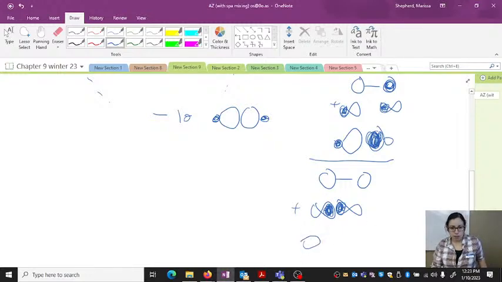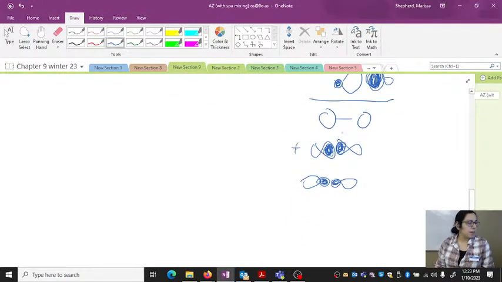That gives you a larger lobe on the outside and a smaller lobe on the inside. So this is formally bonding. Oops, I didn't mean to put an anti-bonding star on it. It's a formally bonding orbital, but what it's showing is there's not a lot of electron density in the center. Most of the electron density would be in the outer lobes. You could almost write non-bonding on there.